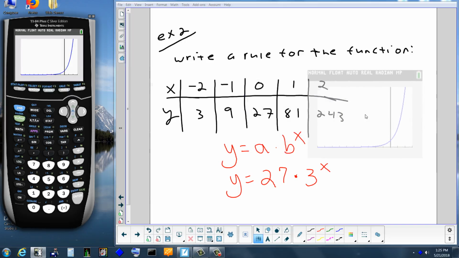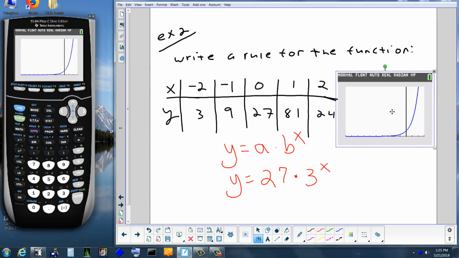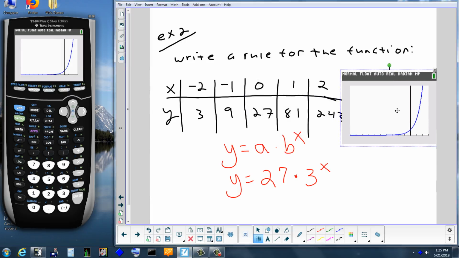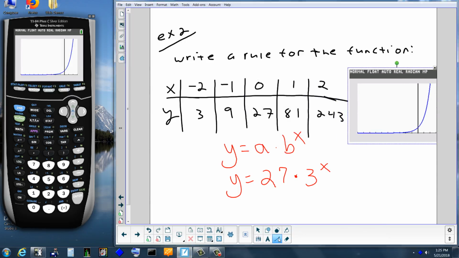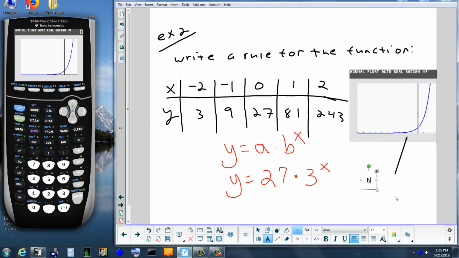How do you figure out what A is? By the y value of 6 when x equals 0. All right. So what should I look at on my chart? What number should I be looking at?